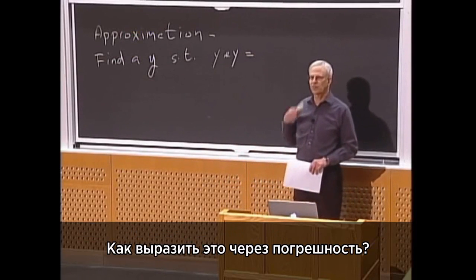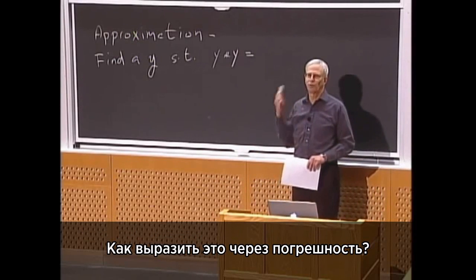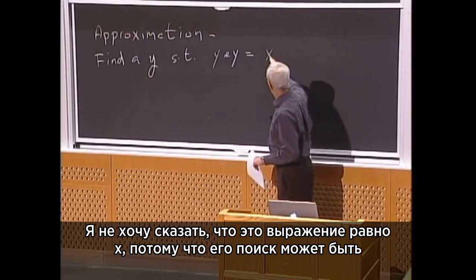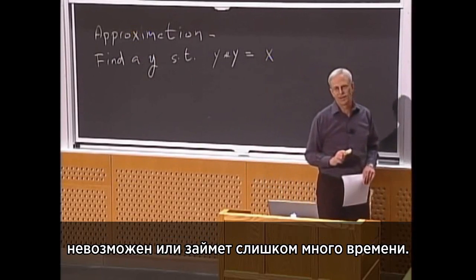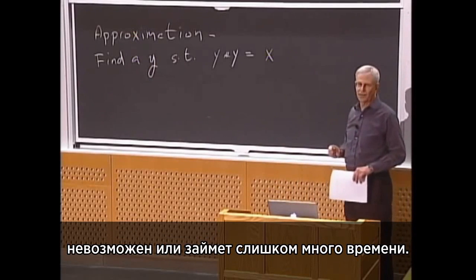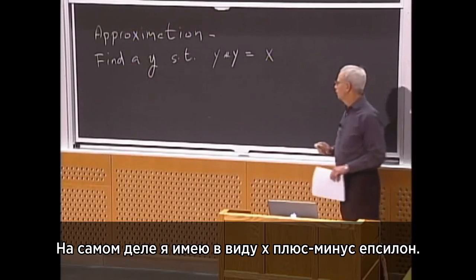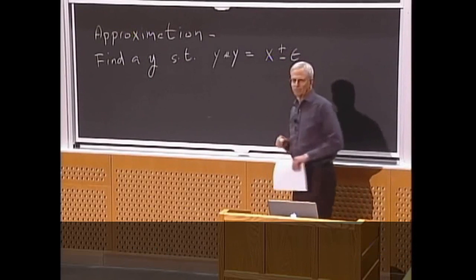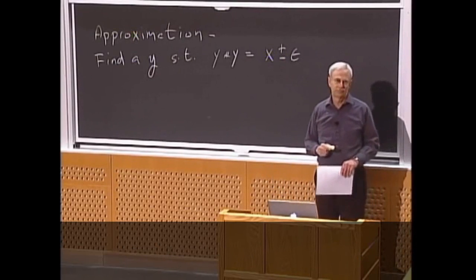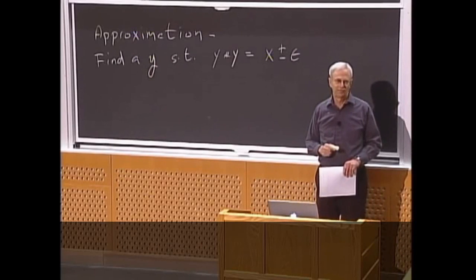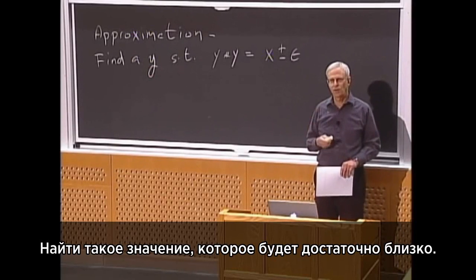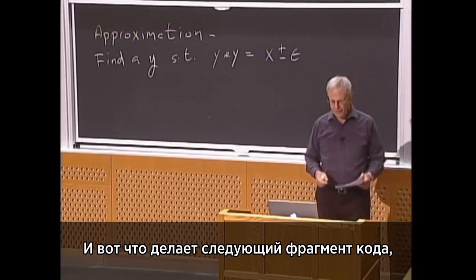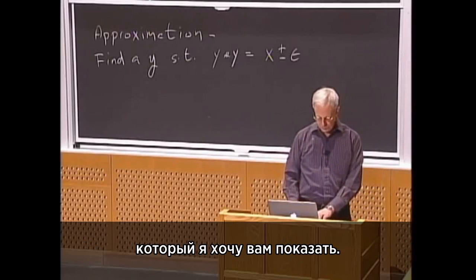How would I express it within epsilon of the perfect answer? I don't want to say it's equal to x because that may be impossible or too time-consuming to find. So really what I mean is x plus or minus epsilon. Right? So that's what I'm asking. Find one that's close enough. And that's what the next piece of code I want to show you does.